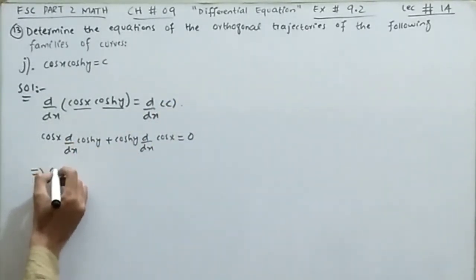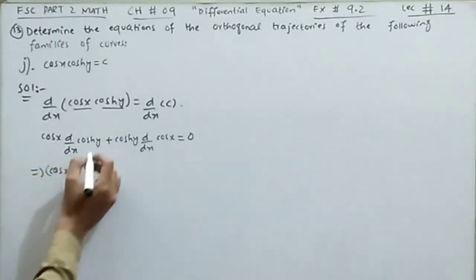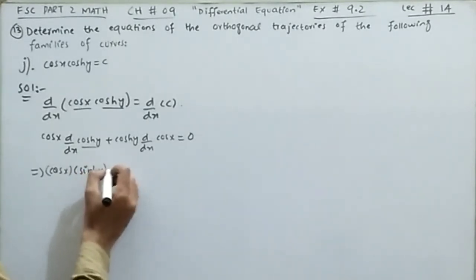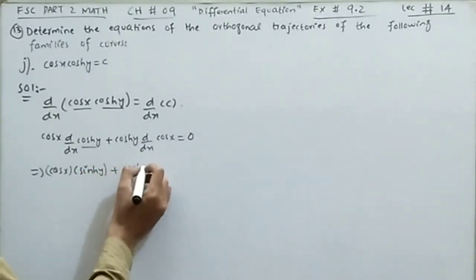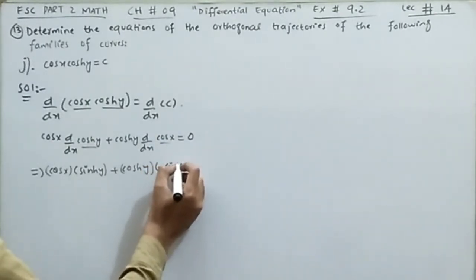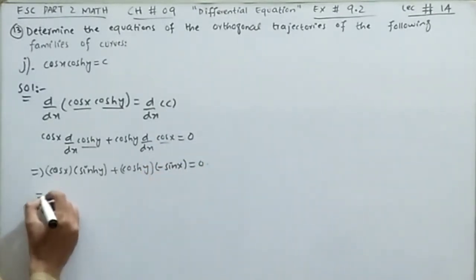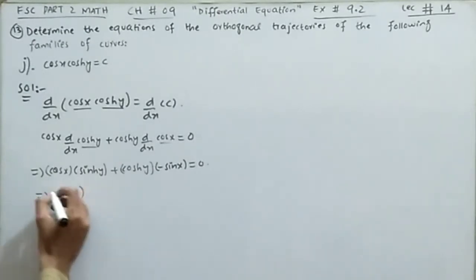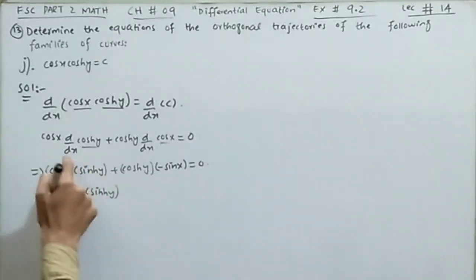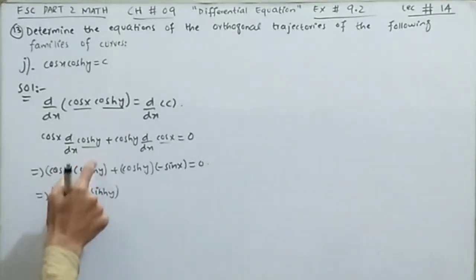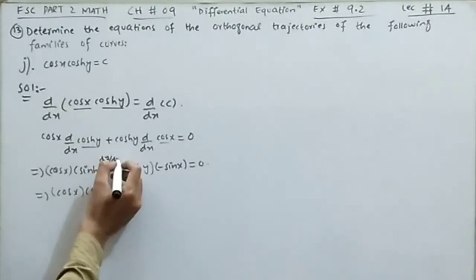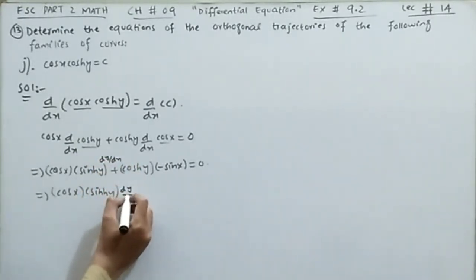So it becomes cos x. The derivative of cos hyperbolic y is sin hyperbolic y, plus cos hyperbolic y times the cos x derivative, which is minus sin x, is equal to 0. So it becomes cos x sin hyperbolic y. Over here the derivative of cos hyperbolic is sin hyperbolic y, but y is an inner function, so we also take its derivative, so it becomes dy by dx.